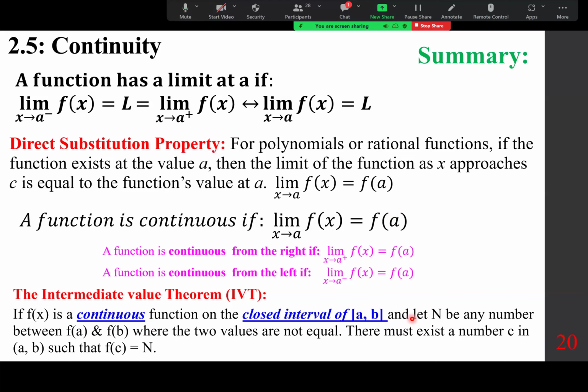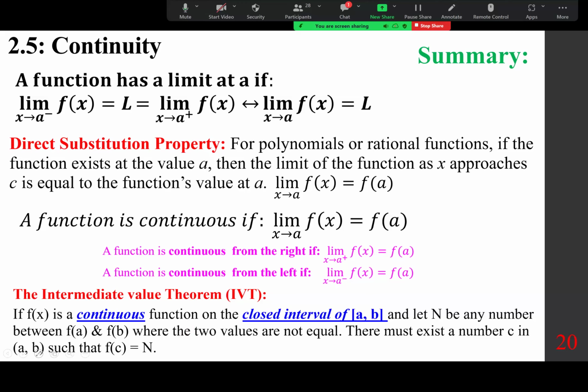If there is a number between the two functional values, the endpoints, f of a and f of b, there must exist a number. There is a f of c in between. This is normally used when we want to find x-intercepts and so forth, okay? Because it helps to find if one value is negative and one value is positive. So 0 must be in between.